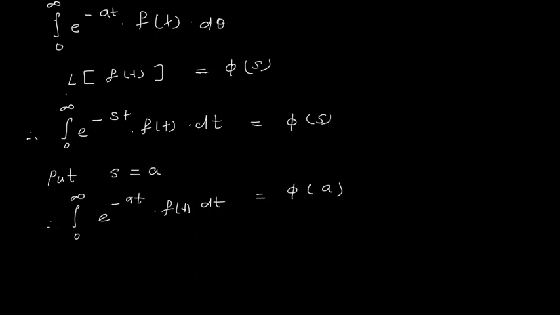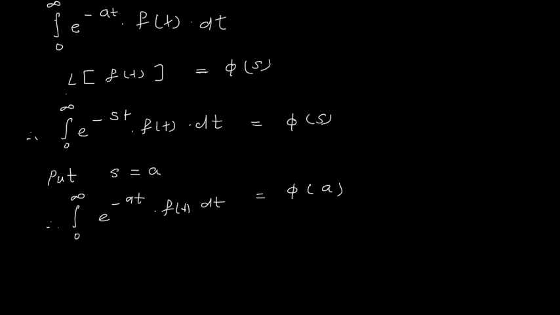Then for 0 to infinity e power minus at f of t dt, when you have to evaluate it, we have to find Laplace of f of t, and then we have to replace s by the given constant a. Let us try to solve a few problems related with this integration.